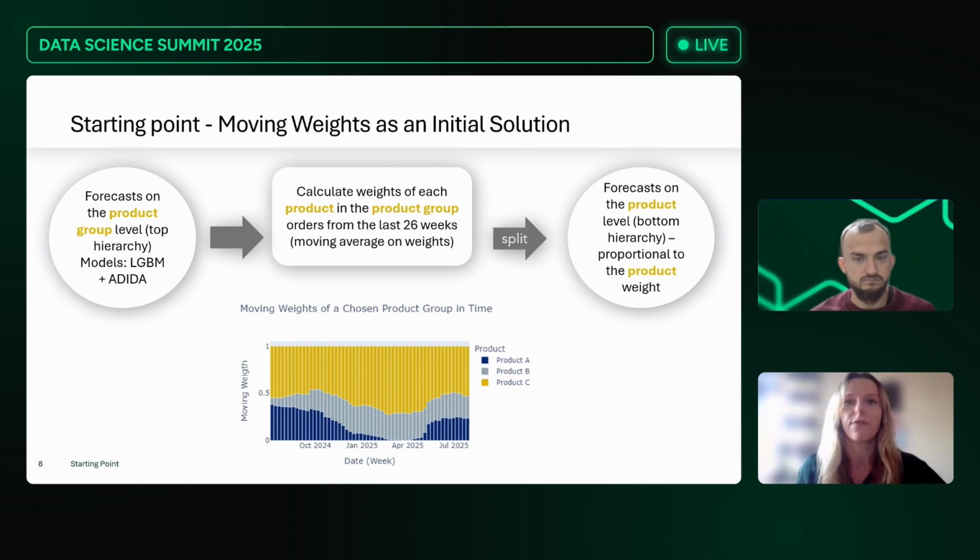The forecast for each individual product was the multiplication of its historical proportion and the top-level forecast. The main issue with this approach is that it assumes the sales proportion within a product group is static, while in reality, these proportions change over time due to seasonality, promotions, and shifting consumer trends.